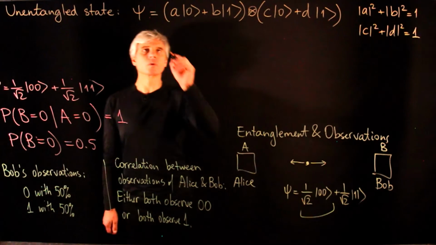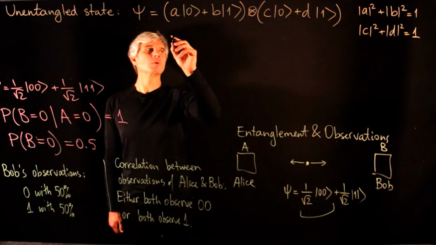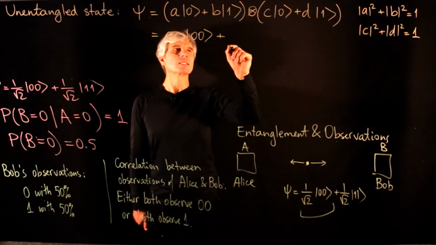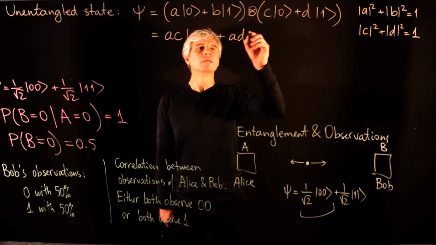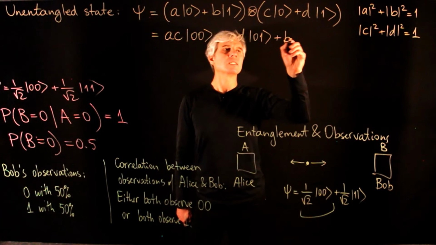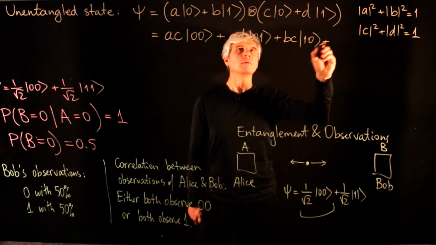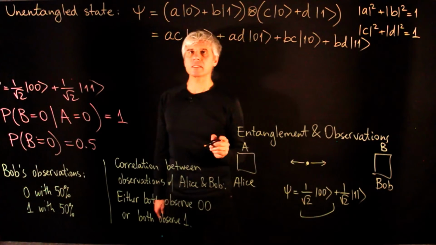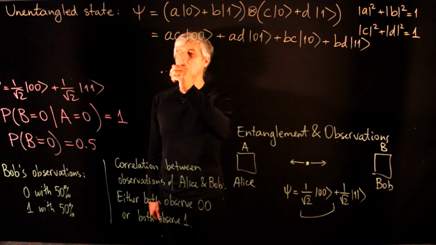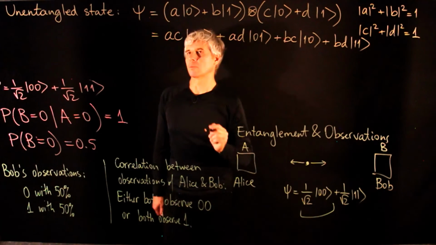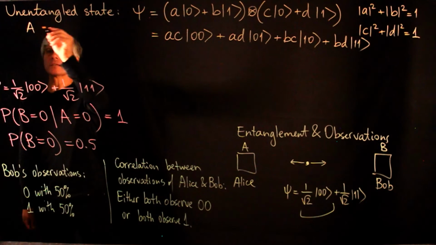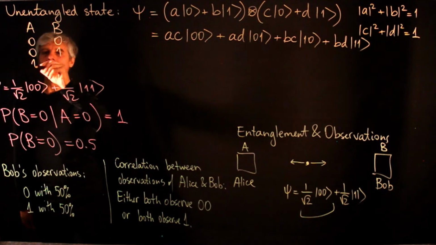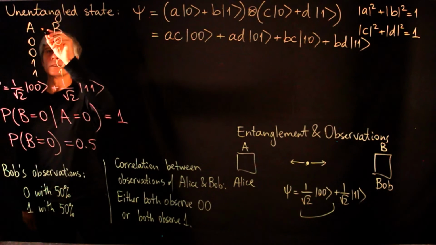Now, as we wrote before, this is equal to AC|00> plus AD|01> plus BC|10> plus BD|11>. So this tells us the probabilities of observing, if we have Alice and Bob, there are 4 possible outcomes, right?